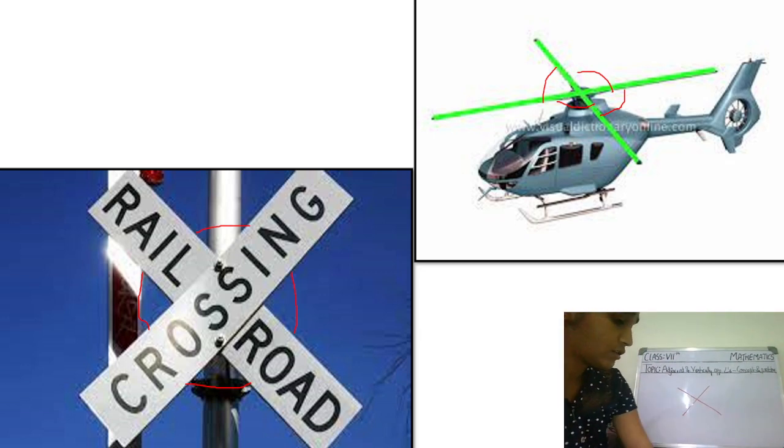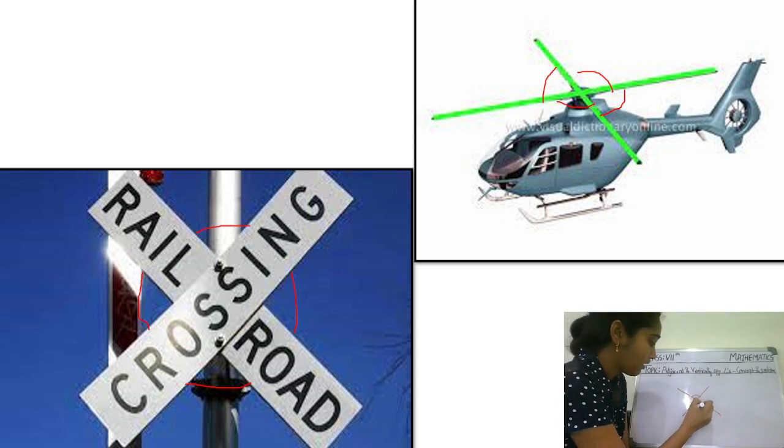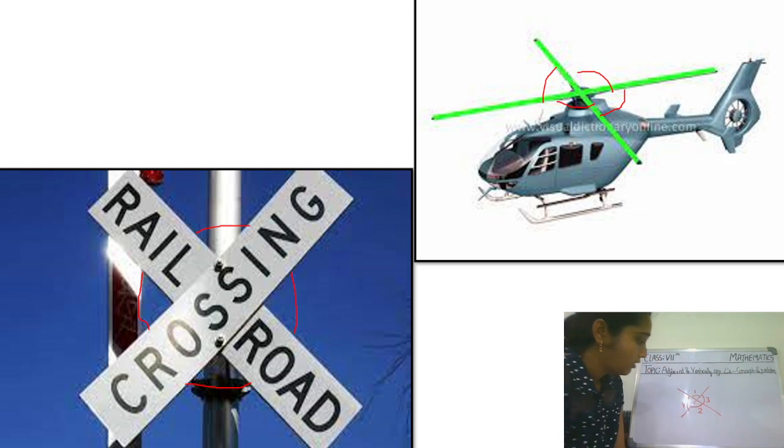And now if I ask you, opposite to this angle, I'm naming these angles 1, 2, 3, 4. Now tell me, opposite to angle 1, which angle is there? Yes, opposite to this, angle 2 is there. Opposite to 4, yes, angle 3 is there.